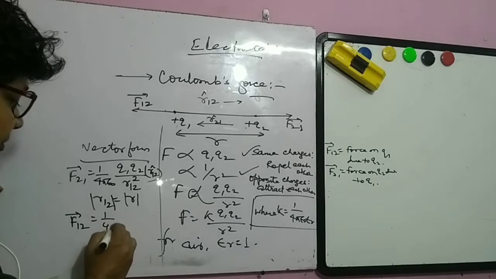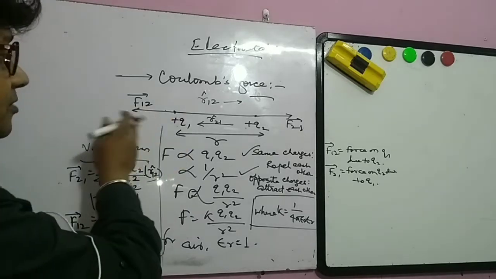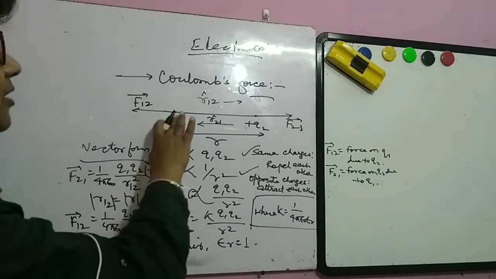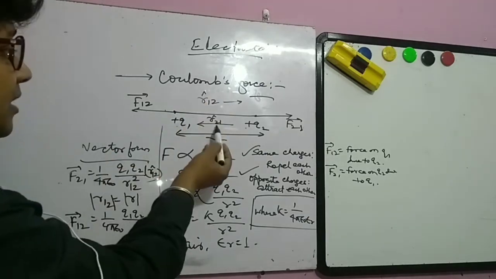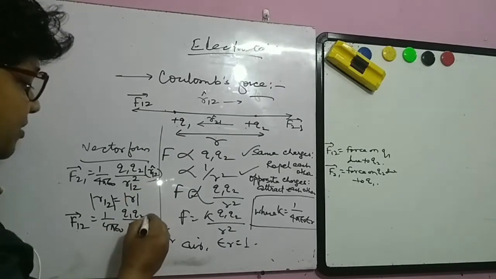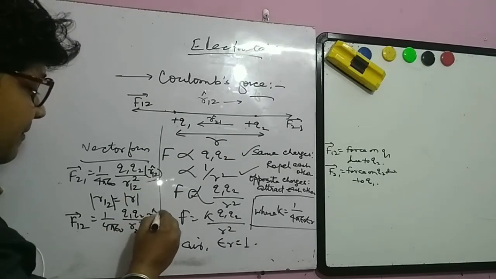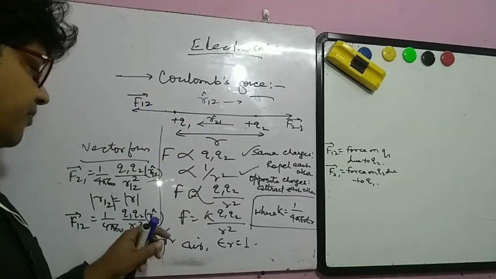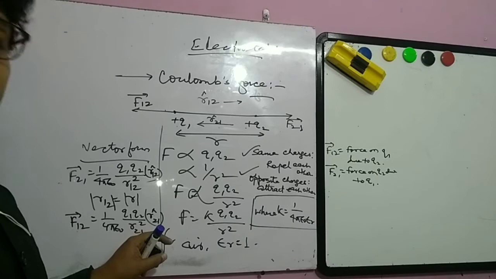So for F12, this force F12 is 1 upon 4 pi epsilon naught q1 q2 by R21 square, and for the direction of F12 we can take the direction of R21 unit vector.